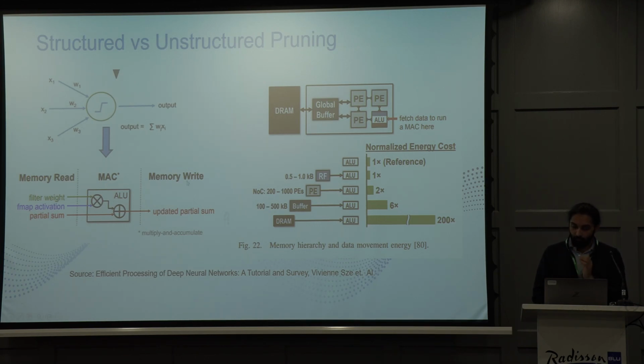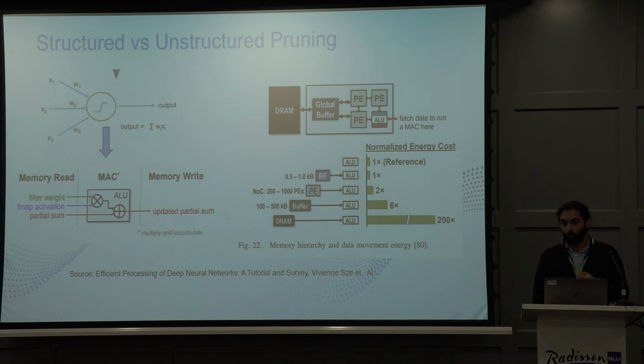Now, an interesting finding from a few of the researchers at MIT was this. Let's suppose the energy that you take in performing a computation, like A times B equals C, is unit 1, right? Compared to that, the energy consumed in actually fetching the weights from the memory is about 200 times more.